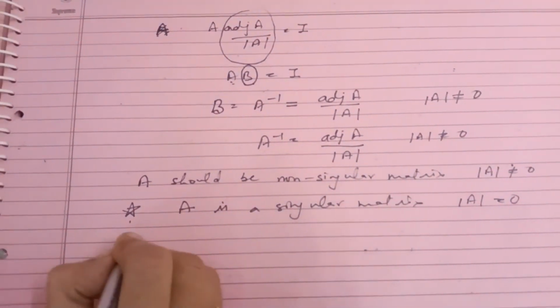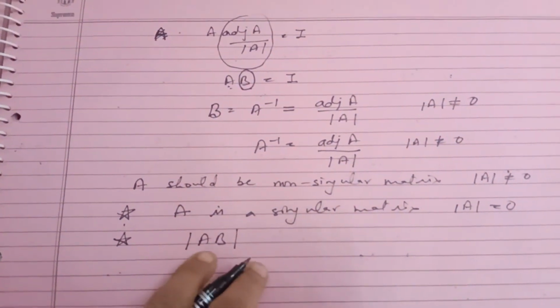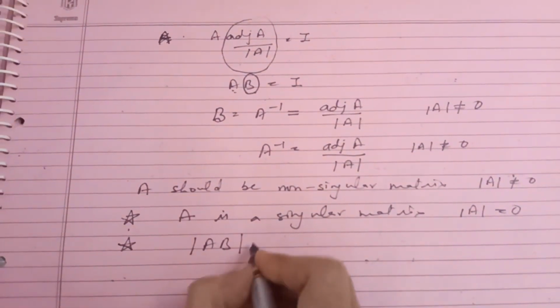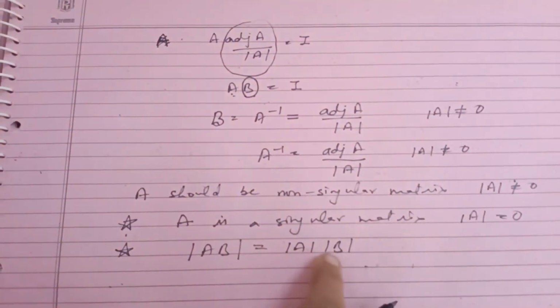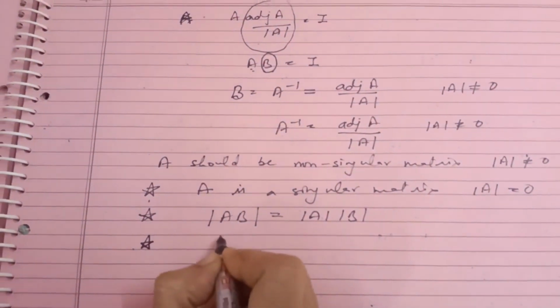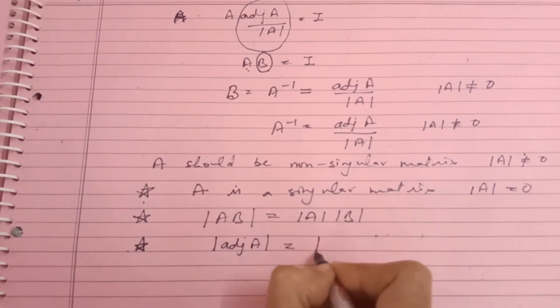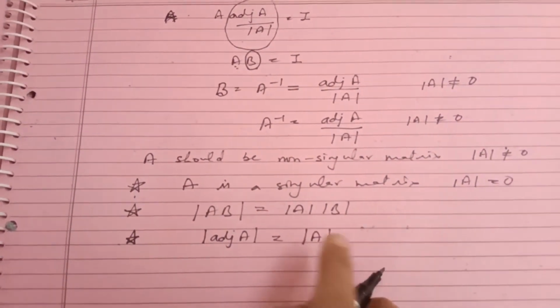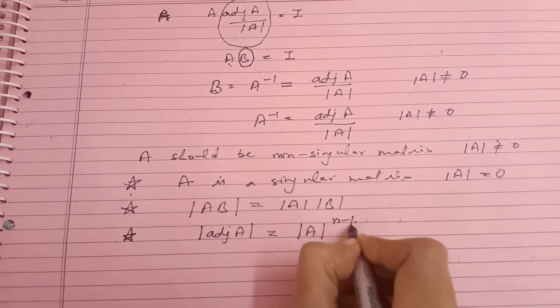Okay, one more property I am discussing with you: the determinant of the product of two matrices of the same order is equal to the product of their determinants, determinant A times determinant B. And one more important property is that the determinant of adjoint A is equal to determinant of A to the power n minus 1, where n is the order of the matrix.